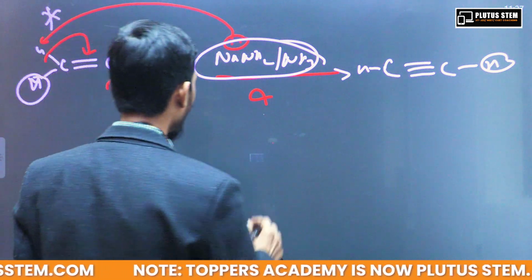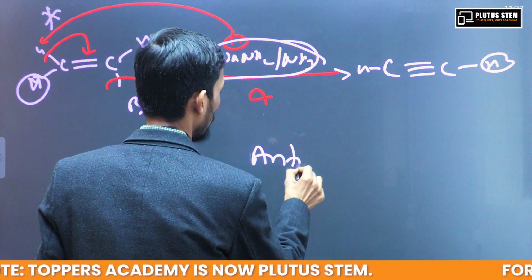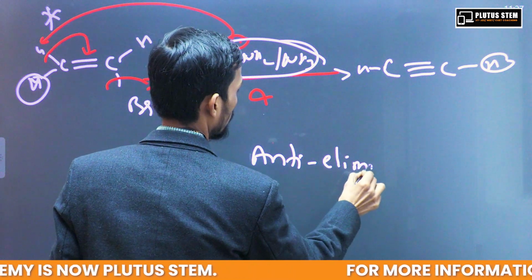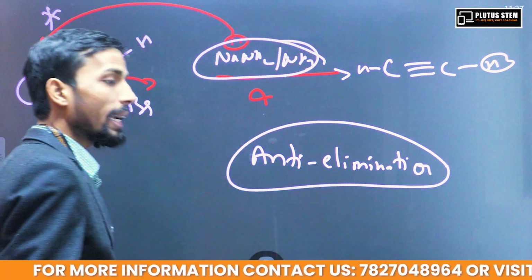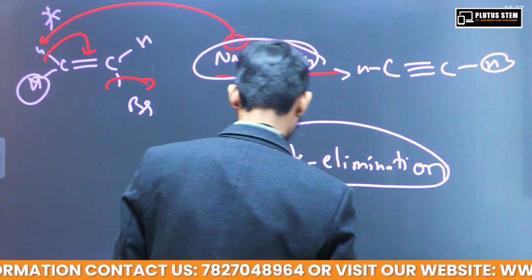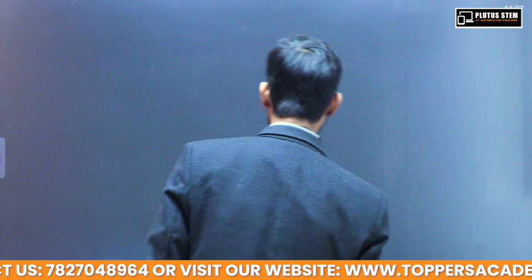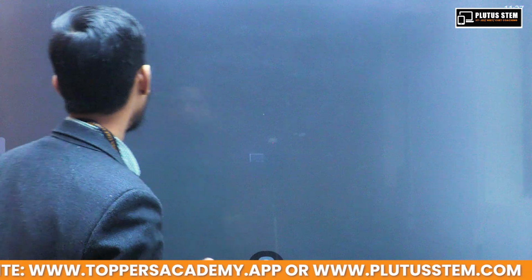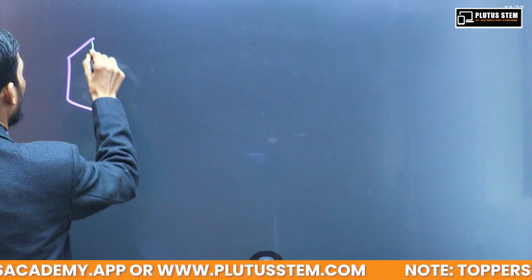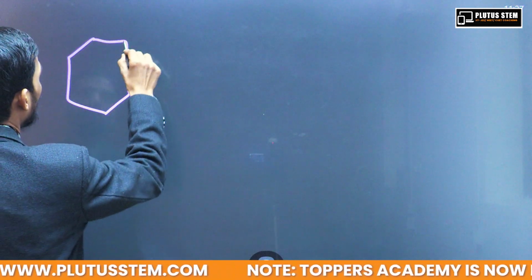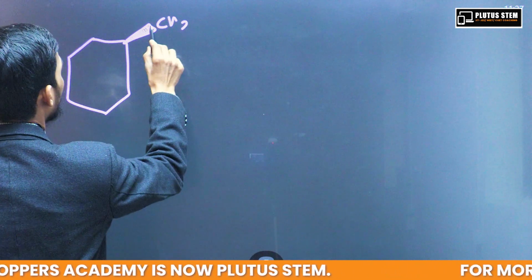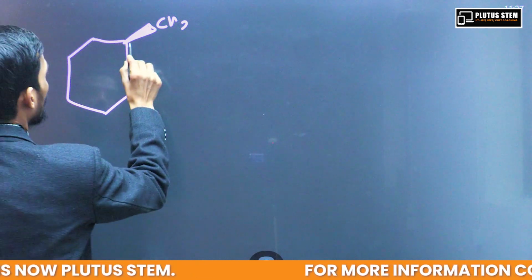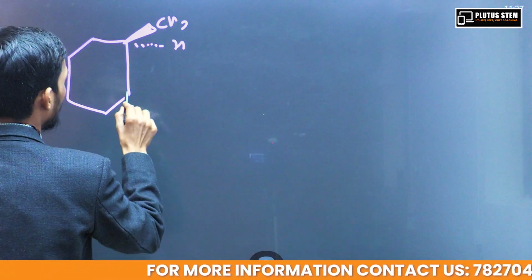Now one more thing, the anti-elimination I have told you. So they proceed through the anti-elimination. If we take a few examples of how this anti-elimination takes place, if we are having this cyclic compound with CH3 over here on the upper side, then hydrogen will be on the below side.